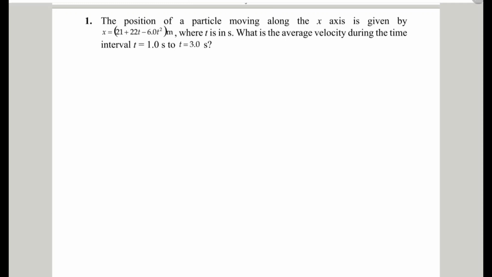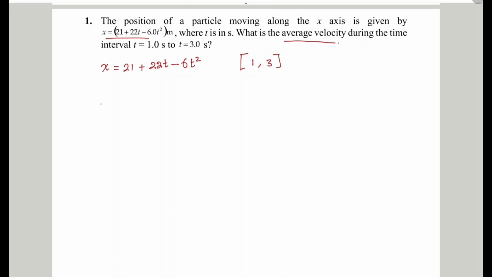So let's double check the given information. We have here the position, x equal to 21 plus 22t minus 6t squared, and the time interval 1 to 3 seconds. The question is to find the average velocity.